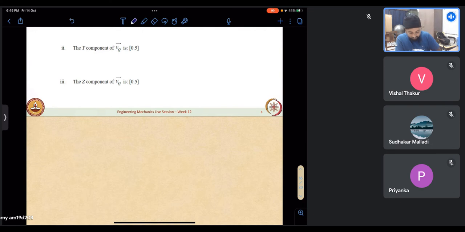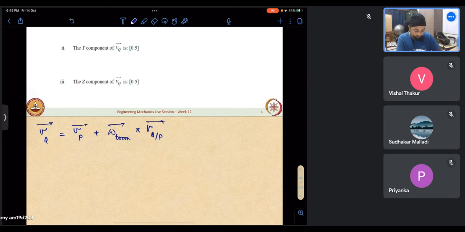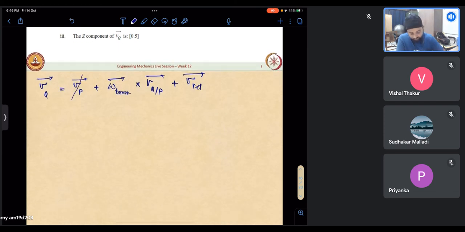So we can see that VQ is nothing but VP, where P is the point where the boom connects with the crane, plus omega cross r, plus our VREL. This we know it is 0.